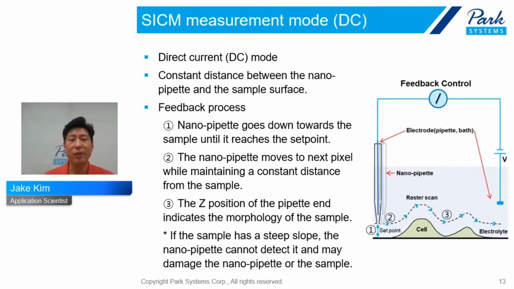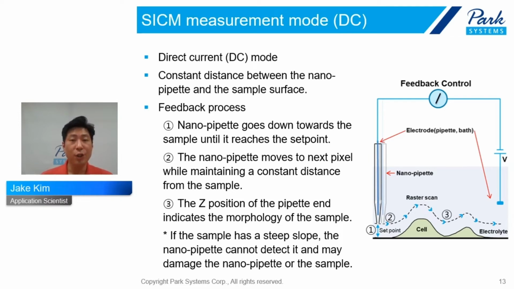SICM has two imaging modes. One is the direct current, or DC mode, and the other one is the approach, retract, scan mode, which we also call ARS mode. In DC mode, the system keeps a constant distance between the nanopipette and the sample surface. After approaching, the nanopipette moves pixel to pixel while maintaining a constant distance from the sample surface, just like a raster scan.